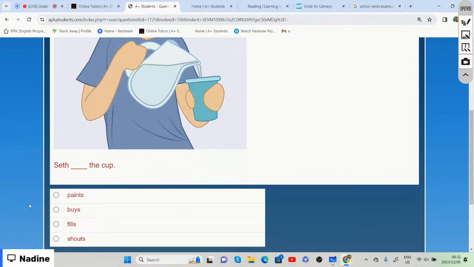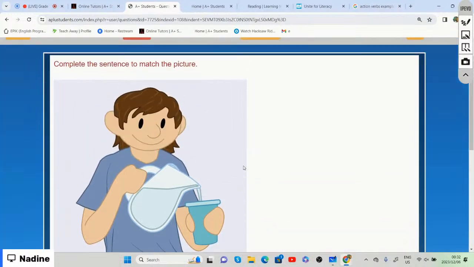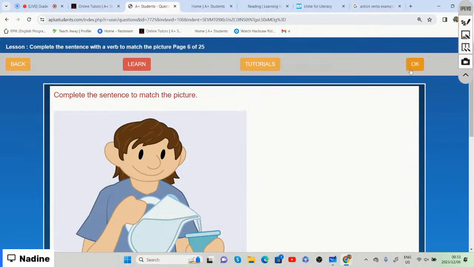All right, so we can then say Seth fills the cup because he's pouring water into the cup, which means that he is filling up the cup. He fills the cup.